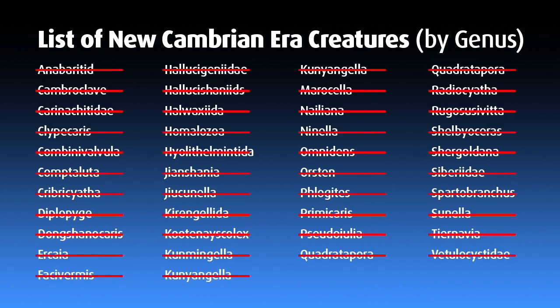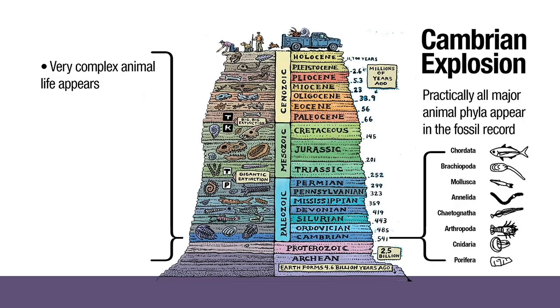We're told that animals evolved from simple to complex, but that's not what the fossil record shows. Here we have all of a sudden very complex life appearing, boom, from the get-go in the Cambrian era. There's no sign of preceding evolutionary ancestors.